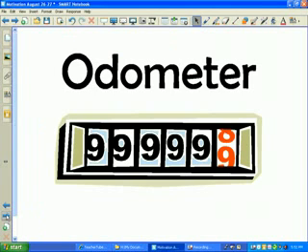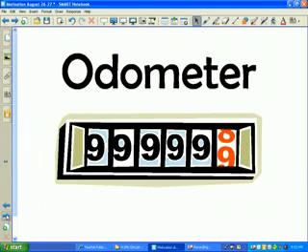Odometer is the next word. You easily have examples of this. A lot of people say, oh yeah, you can use it in your car to measure miles. You can also use it to keep track of people going into a concert, so you won't have so many people. You can have one of those little counters. But an odometer is basically a device to keep track of numbers.